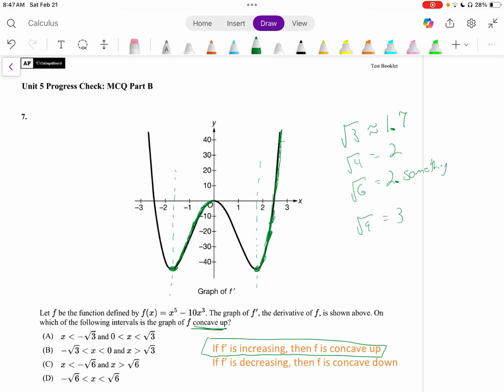So these are both at 1 point something, so it has to do with the square root of 3. So it's concave up when x is between negative root 3 and 0, and then x is greater than root 3. So our answer there is B.